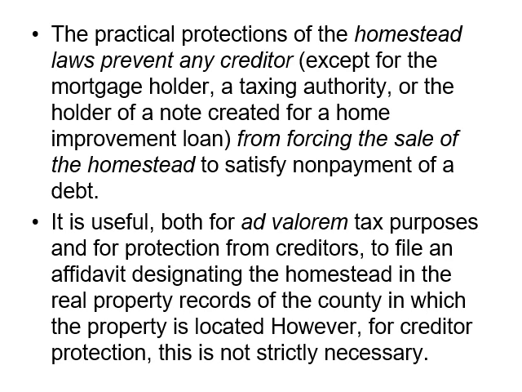A taxing authority can exercise an interest in the property, and a holder of a note that's created for a home improvement loan. Whenever we created the home improvement loan, the provisions within the Constitution allowed a lender to take a security interest in, say, a house that was designated as a homestead, but yet that money is not being provided for purchase money, but rather for home improvement.